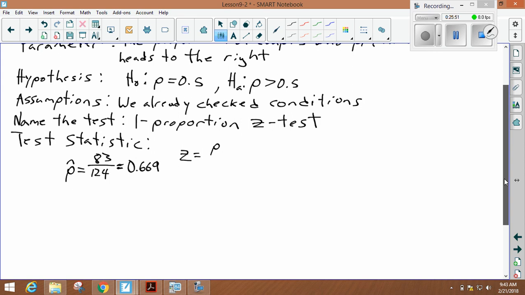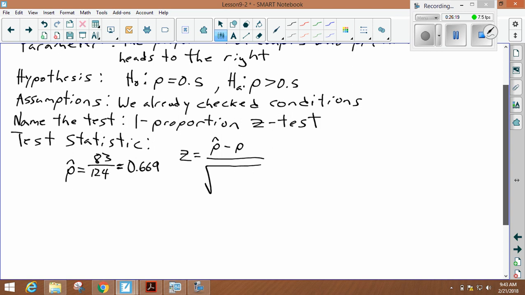This is going to be p hat minus p, all divided by the standard deviation of our statistic. We've already checked our conditions to use the standard deviation, because they're the same as the conditions that we would use to perform the test.